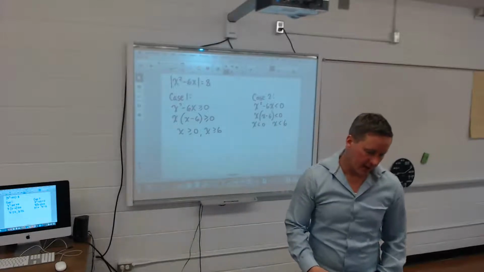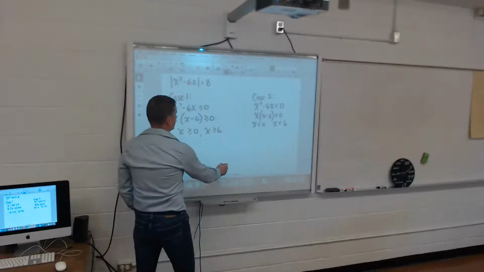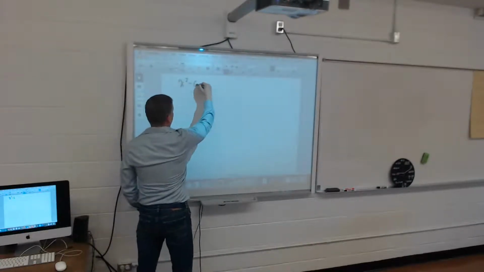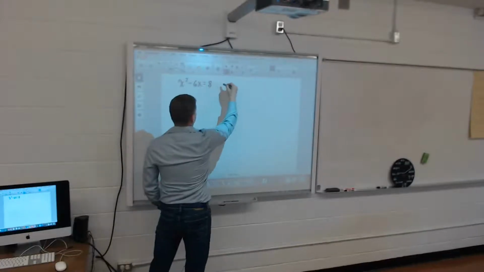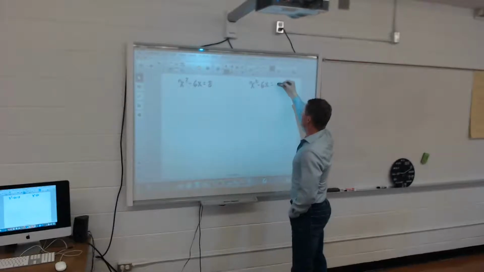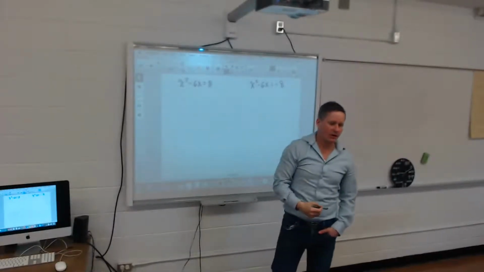Okay, so now I'm going to do this. This is what I mean. It's a fair bit of work. I'll come back to this page. Now what I want to do is go x squared minus 6x equals 8, x squared minus 6x is equal to negative 8. Again, it's working with quadratics.